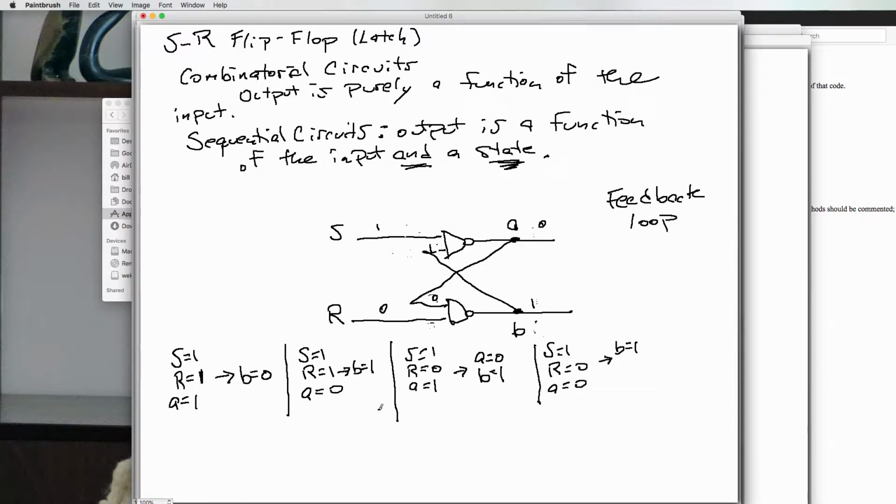Okay? So now we had S1, R1, S1, R0. Let's do S equals 0, R equals 1, and let's let A equal 1. And let's work that through.